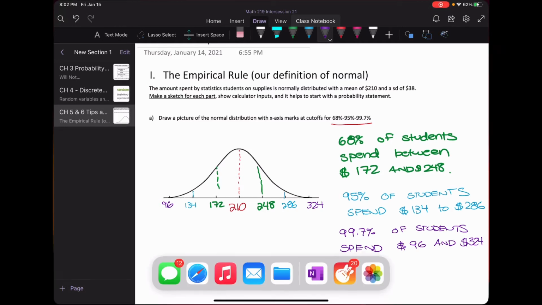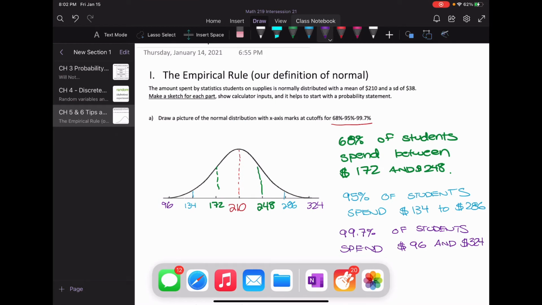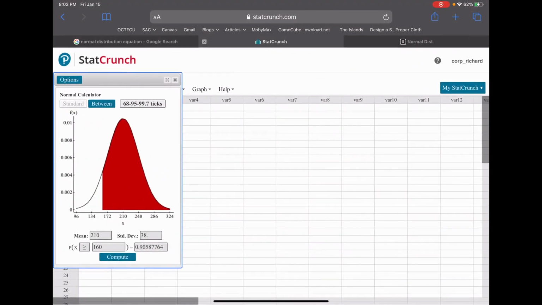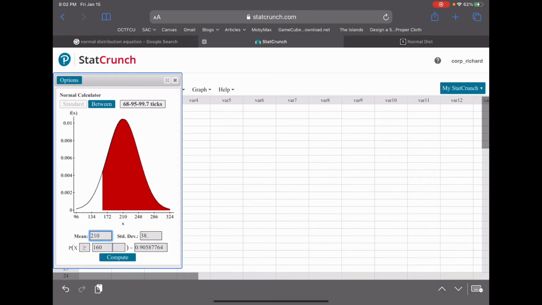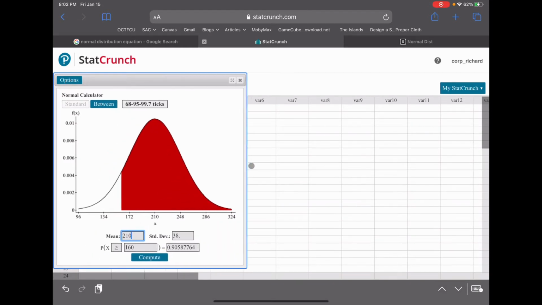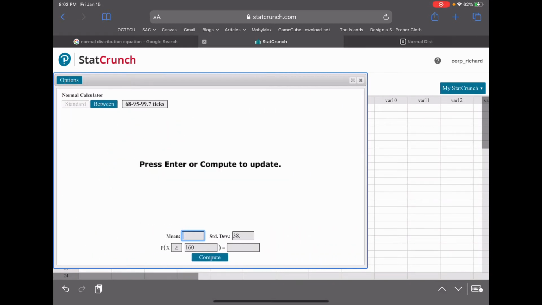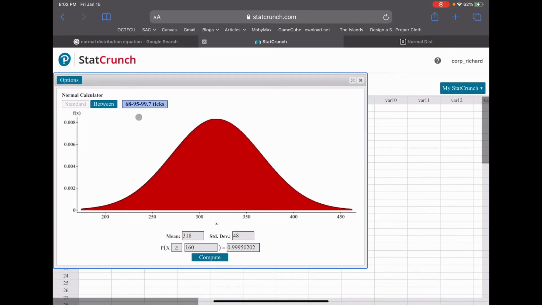So if I change the values, and I go to another college, let's say it's a private university and the average is $318 and the standard deviation is $48, then I know that 68% spend between these two values, 270 and 366, 95% spend between here and here, and 99.7% spend between here and $462.